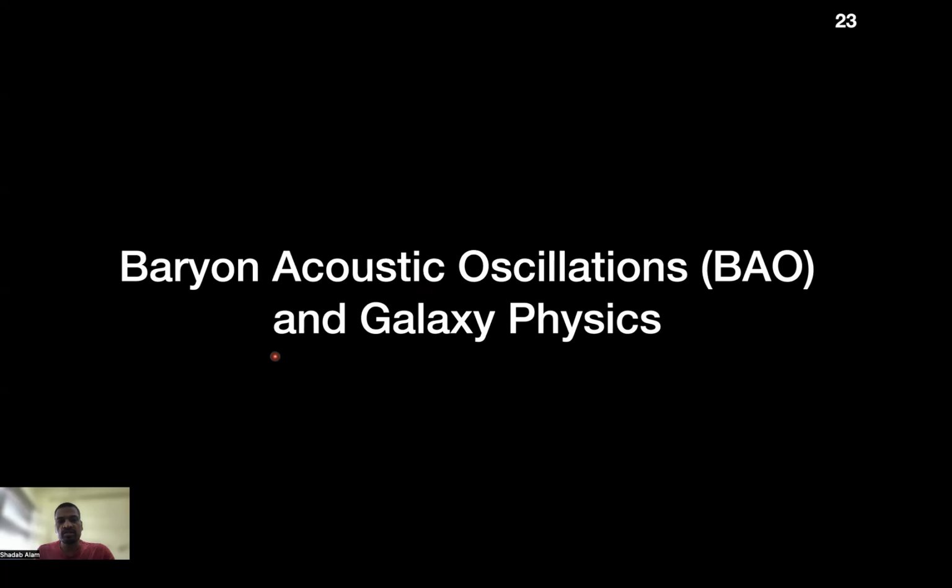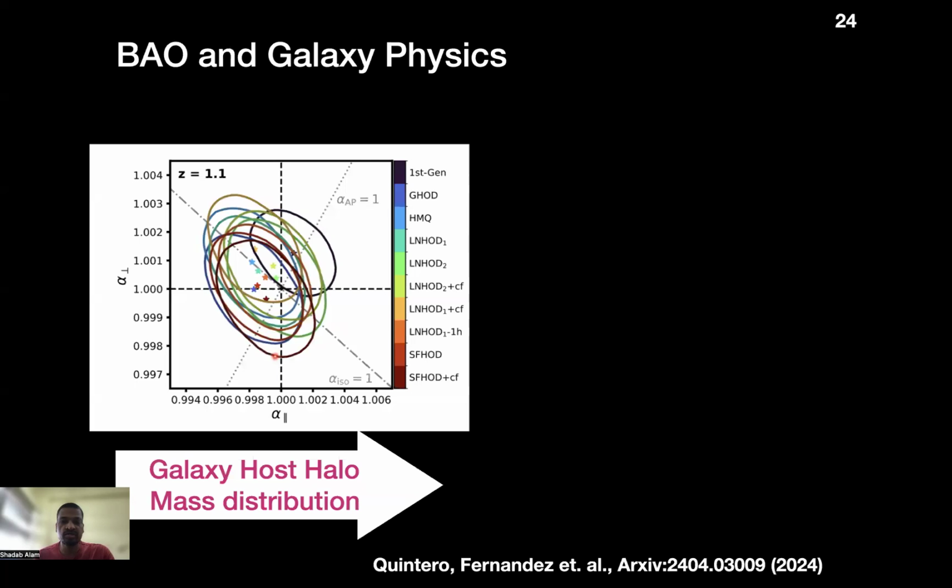Now, how is baryon acoustic oscillation connected to all the galaxy physics we have looked at? Note that baryon acoustic oscillation is known as a very robust tracer. In that context, I'd like to show you one slide on this topic.